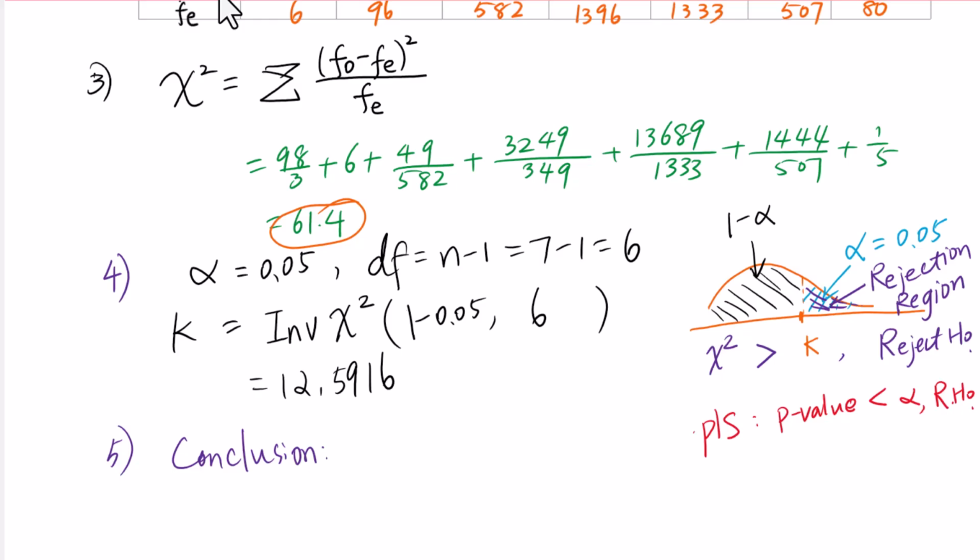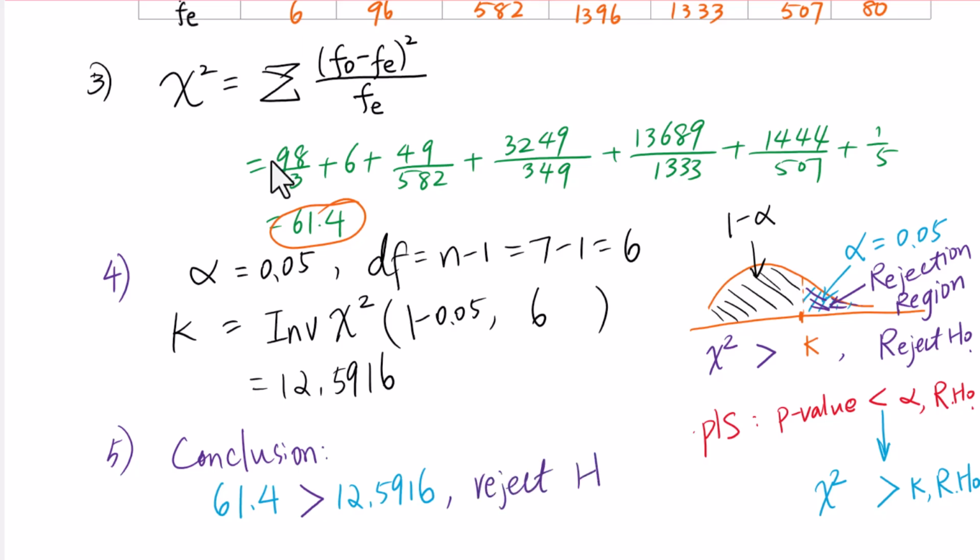For chi-squared value and a critical value, you just need to remember this symbol switch. When chi-squared is greater than critical value, reject H0. Let's write down chi-squared and this critical value, 61.4, 12.5916. Definitely 61.4 is greater than 12.5916.